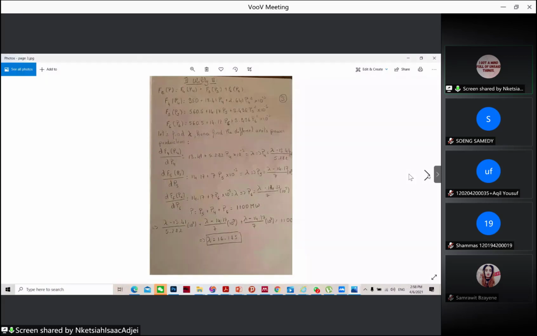Now we need to sum everything together under utility A and utility B, as you can see on my screen. We were given this to find, so we want to find our P4, P5, and P6. But mind you, P4, P5, and P6 are the same, so it's more like a repetition.